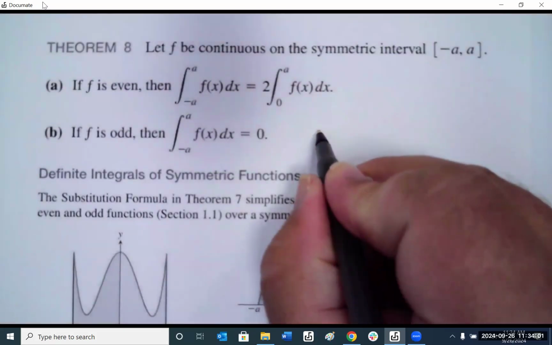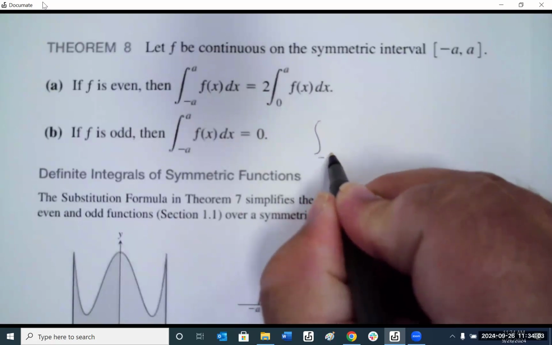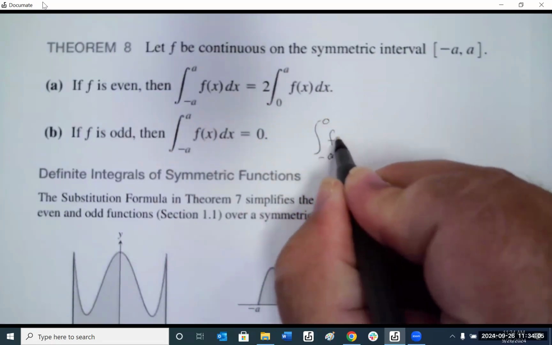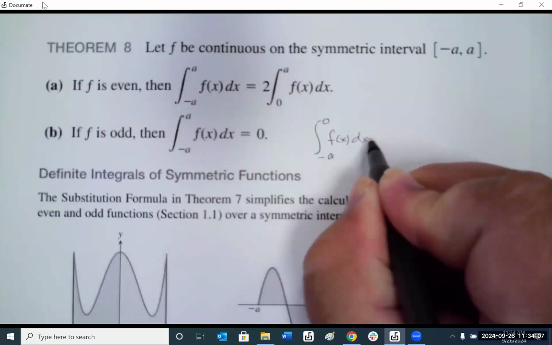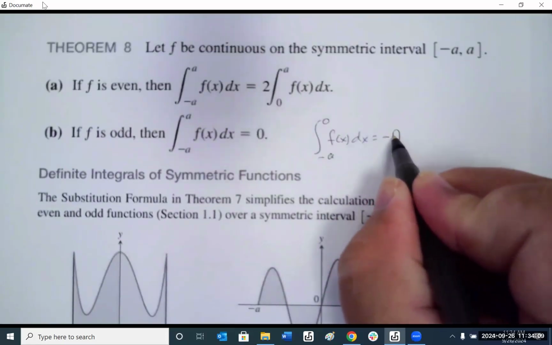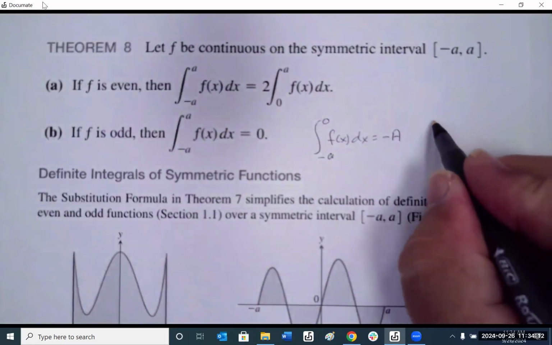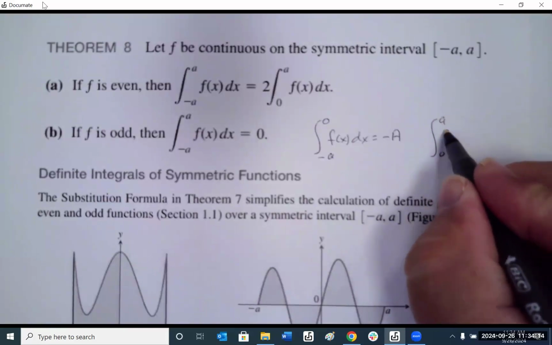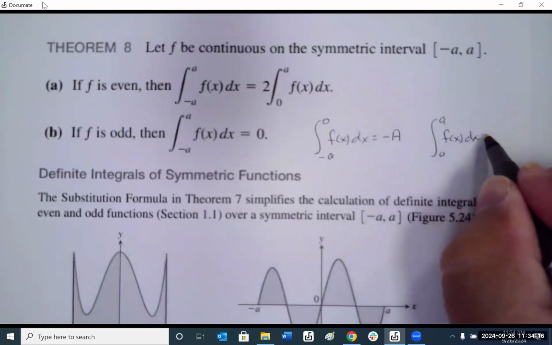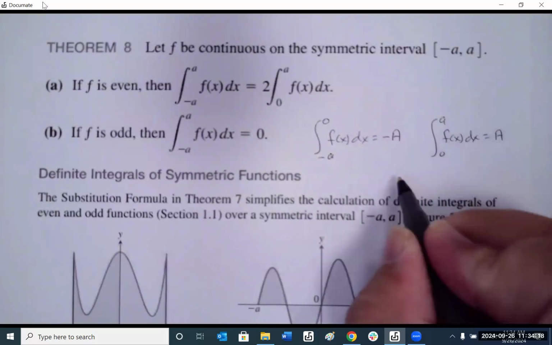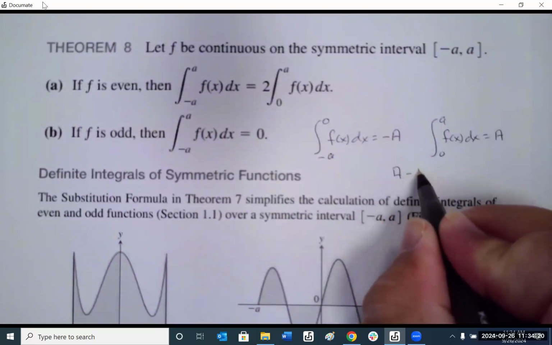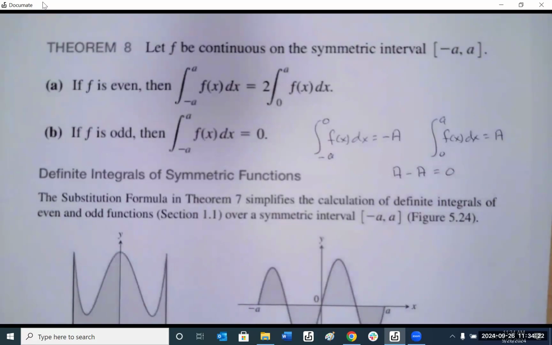What you're going to look at is this way. From negative a to 0, our function is negative area. And from 0 to a, our function is a positive area. So a minus a equals 0.